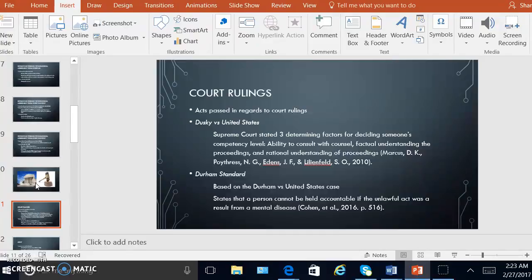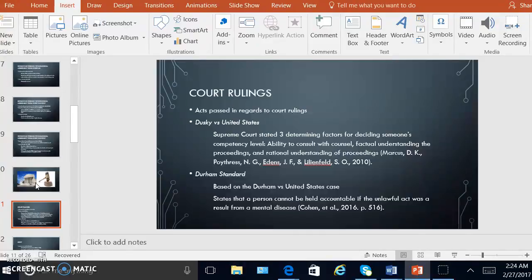One is their ability to consult with counsel. Another is their factual understanding of proceedings, and the third is their rational understanding of proceedings. They have to have all 3 to be able to go to court and prove that they understand what is going on.